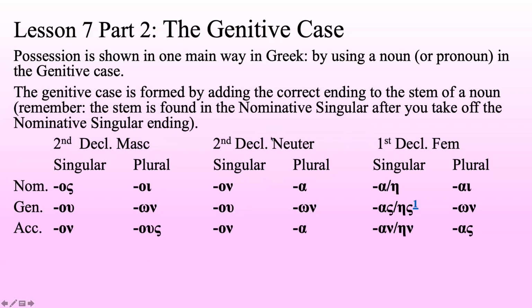The masculine and the neuter in the second declension are actually supposed to be very, very similar. It's just that the nominative and accusative aren't actually that similar. The dative, which is the third line that we're going to add in here in a few lessons, is going to be exactly identical as well. So the masculine and the neuter in the genitive and in the dative are going to be identical, which helps us learn them a lot easier.